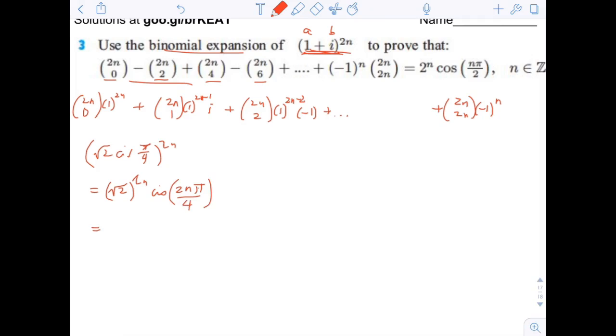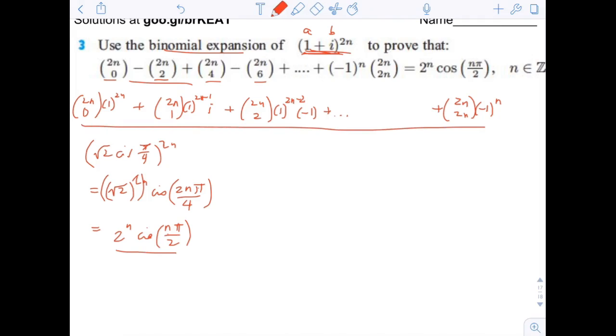And that is equal to, square root of 2 squared is equal to 2, and so that would be 2 to the n, cis n pi over 2. So now we see that this expression is equal to this expression.